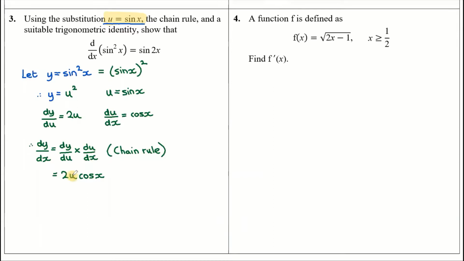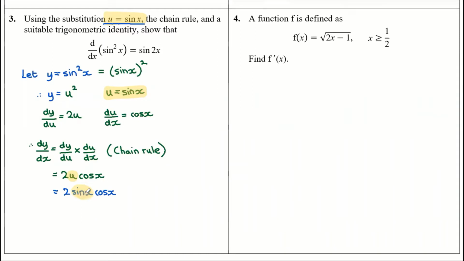So the u here is the same as the u there. That's how we defined it. So I'm just going to rewrite that. So this is going to equal 2 multiplied by sine x multiplied by the cosine of x. So I've just made that substitution of u equals sine x there.